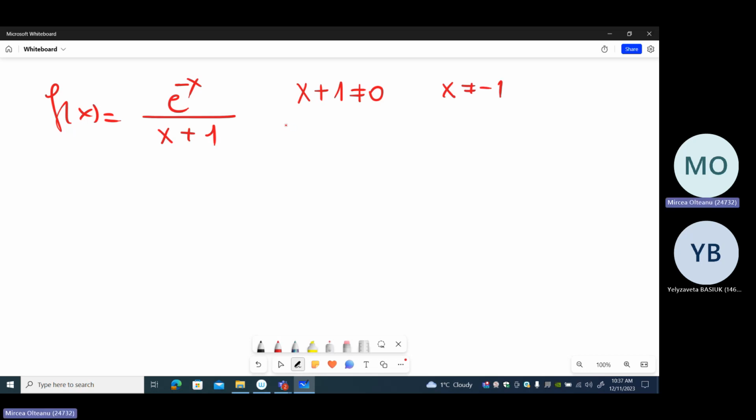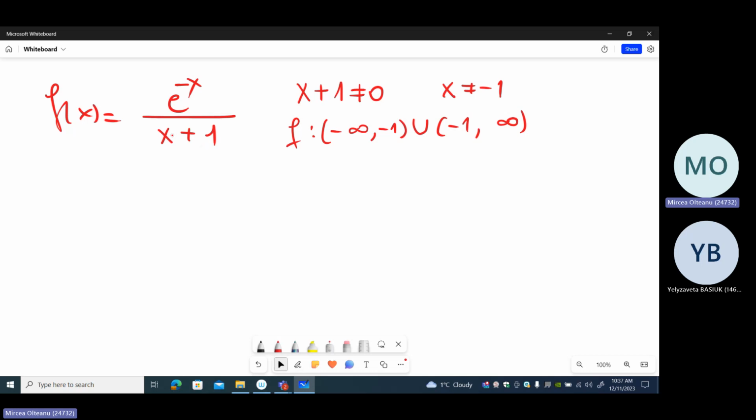That means the domain of definition is the union of the interval minus infinity to minus 1 together with minus 1 to infinity. At minus 1 the function doesn't exist, because if you want to compute f of minus 1, it is meaningless since you get 0 in the denominator.